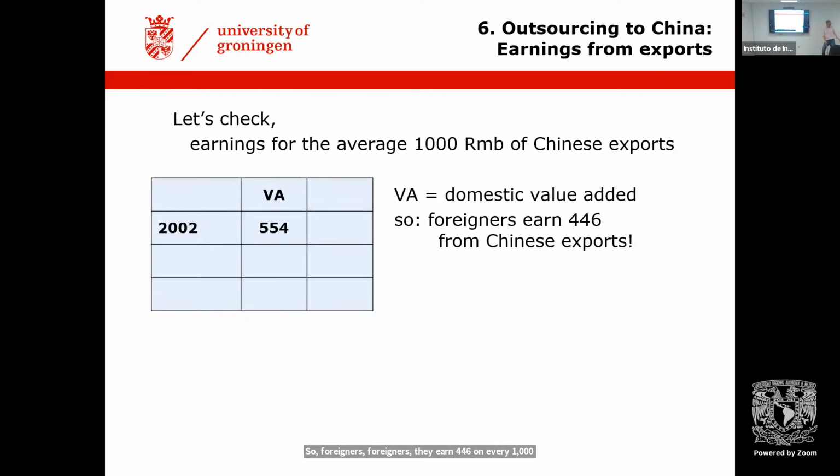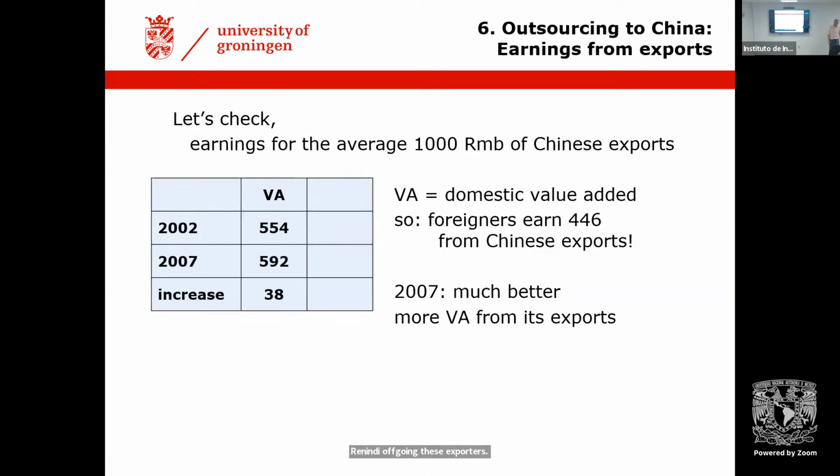In 2007, it was already 592. These numbers are in constant prices, so they're comparable. So the increase was 38 renminbi per 1,000. That was not extremely much, but it was at least a starting point and a step forward.